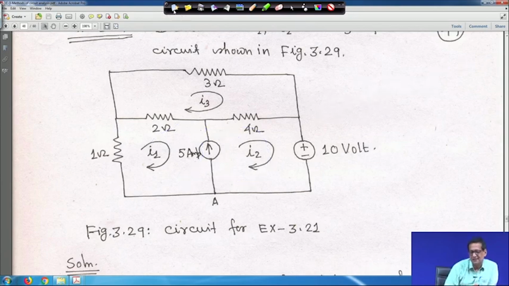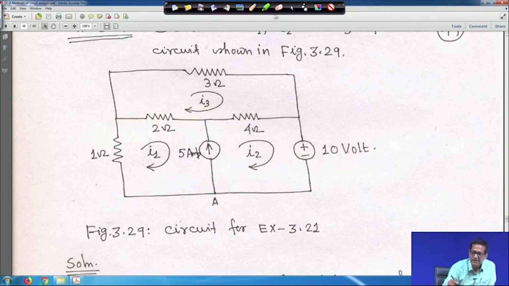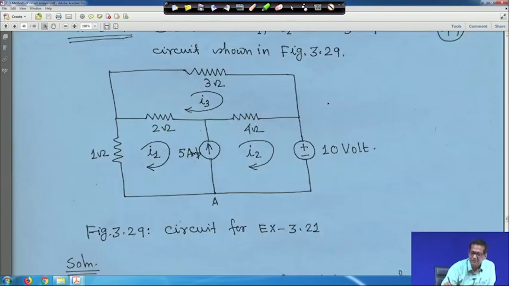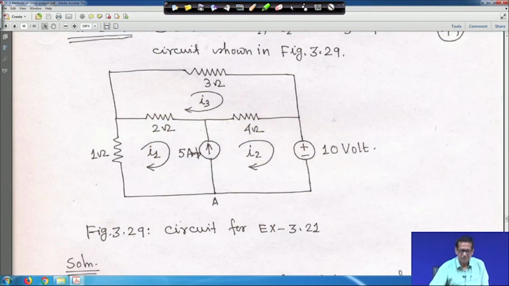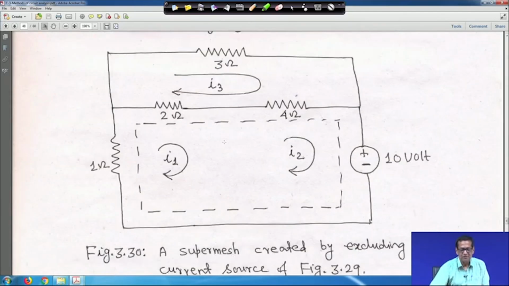First we have to understand that this is creating a super mesh. That means you have to apply KVL like this, because you can exclude this branch and make a dashed line, the way I showed. So, for this super mesh, easily you can write down the equation.